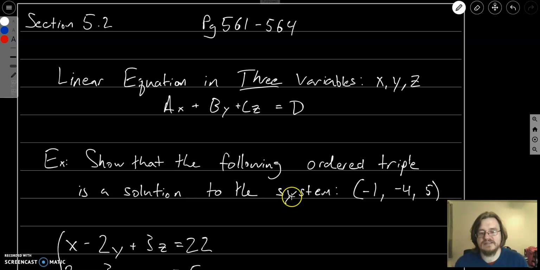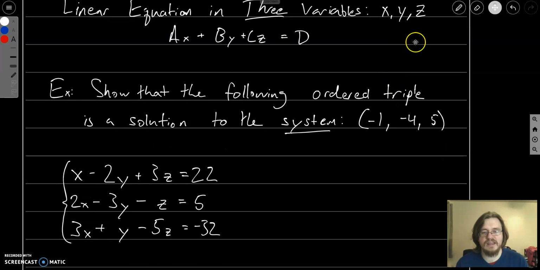We can also look at systems of equations with three variables. So for instance, here is a system of equations with three variables. Note that each equation we've written as ax plus by plus cz is equal to some constant. And what we want to do is check if this is a solution.